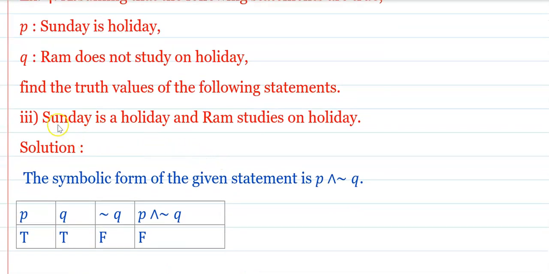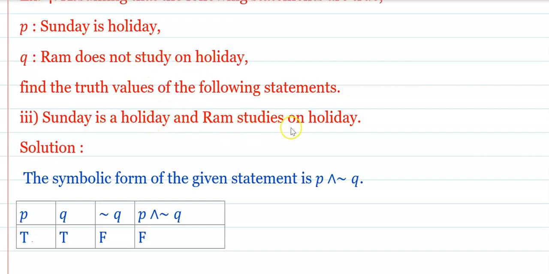Next, Sunday is holiday and Ram studies on the holiday. Okay. The given statements are true. Sunday is holiday, P is T, and Ram does not study on holiday.